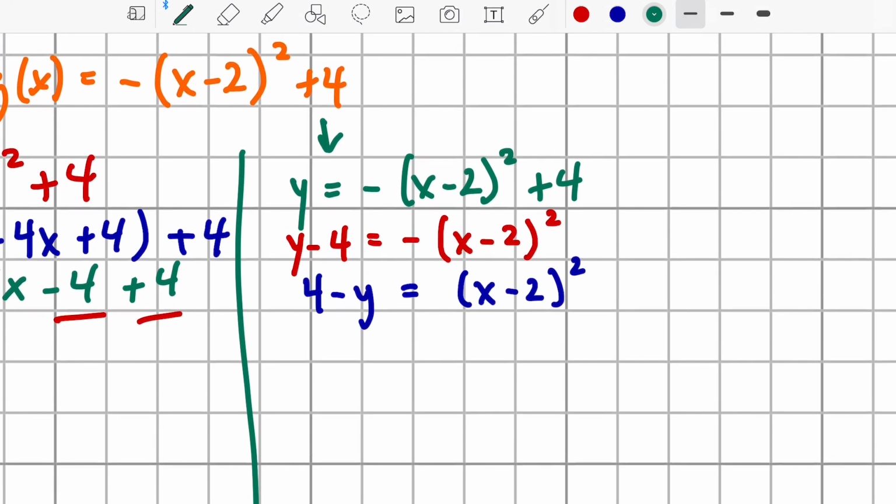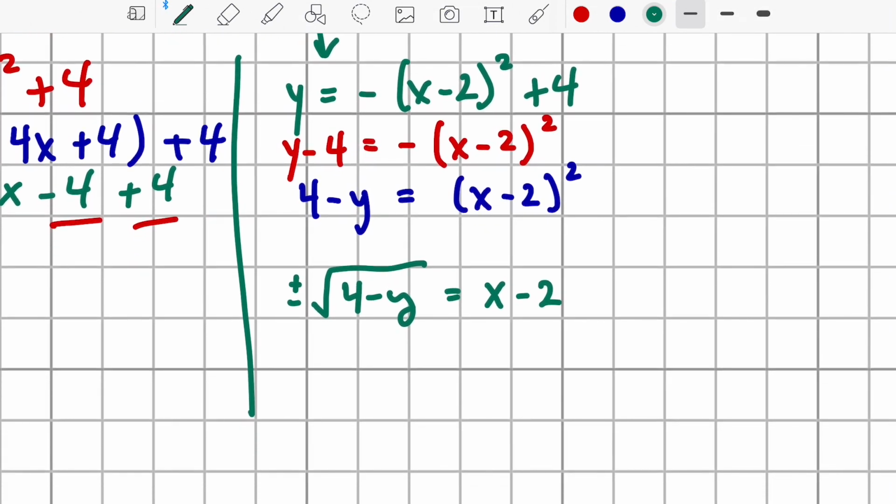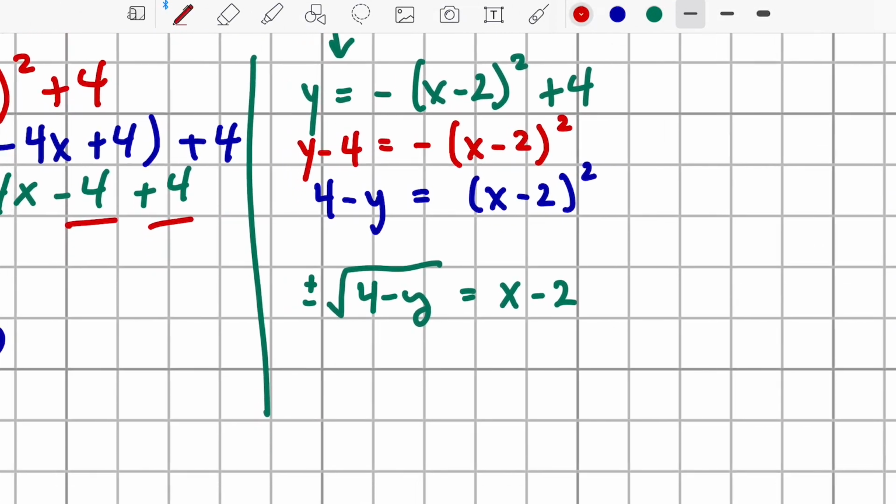If I take the square root of both sides, we end up with plus or minus square root of 4 minus y equals x minus 2. Add 2 to the other side. Now the 2, I'm going to place it in front of the plus or minus. So 2 plus or minus square root of 4 minus y equals x.